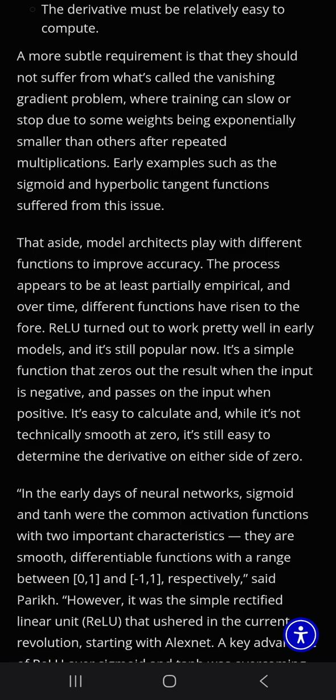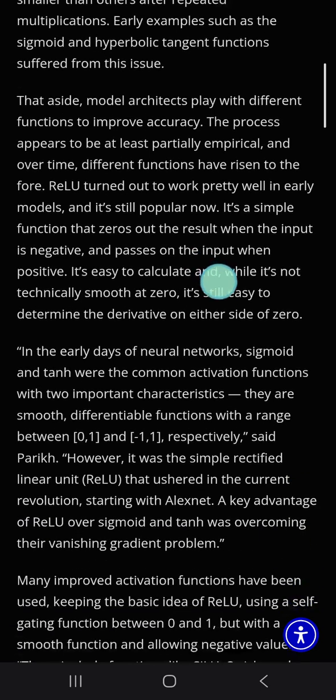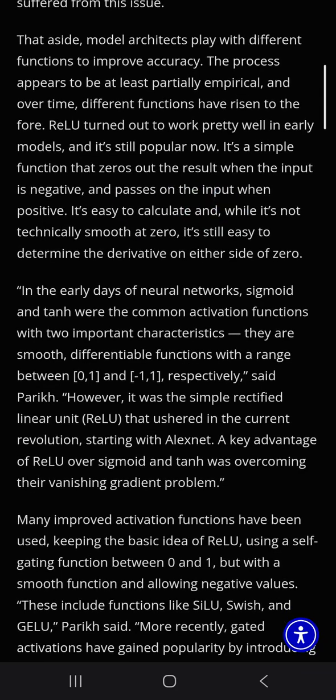It's a simple function that zeroes out the result when the input is negative, and passes on the input when positive. It's easy to calculate, and while it's not technically smooth at zero, it's still easy to determine the derivative on either side of zero.